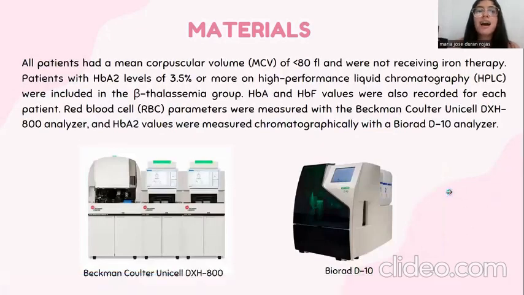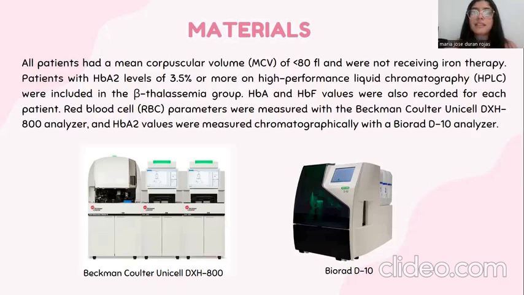All patients had a low mean corpuscular volume and were not receiving iron therapy. Patients with hemoglobin A2 levels of 3.5 or more on high performance liquid chromatography were included in the beta thalassemia group.